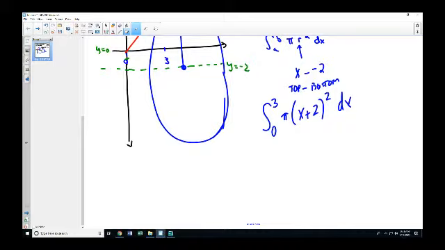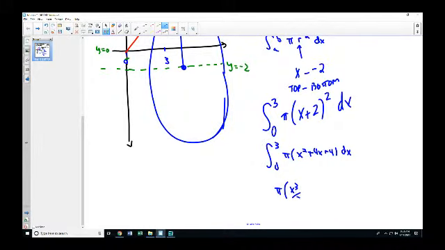If this is not linear, you can't do it yet. You have to FOIL. So would you rather FOIL first or just do it? Good idea. If you see some algebra you can simplify, do it. So you get x squared plus 4x plus 4. And then, is that right?